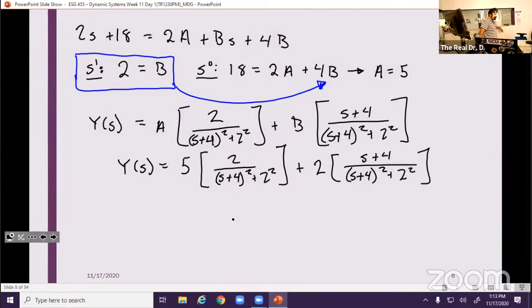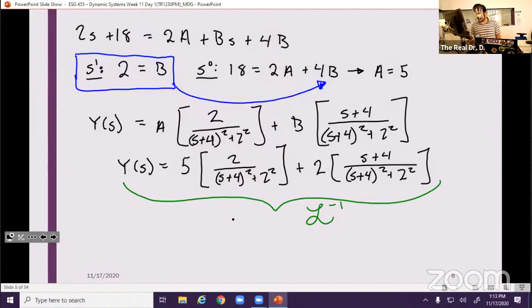Now I can take the inverse Laplace transform. Inverse Laplace transform of y of s is y of t. The inverse Laplace transform of the first part is just 5 times sine of 2t e to the negative 4t.